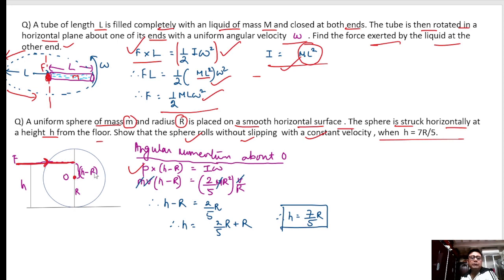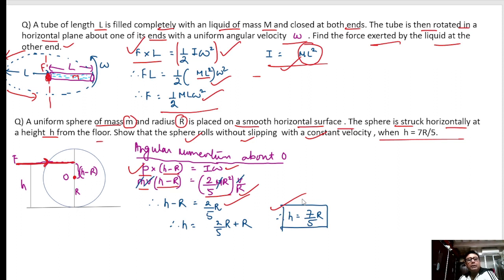Angular momentum, that is momentum into the distance about O, is mv into h minus r, and angular momentum is also I omega. And for a sphere, the moment of inertia is 2/5 mr square, omega is v by r. From here we calculate that h is 7/5 r.